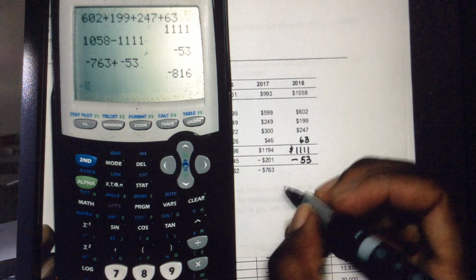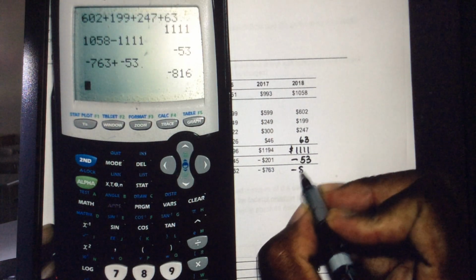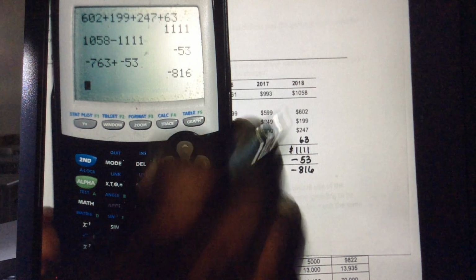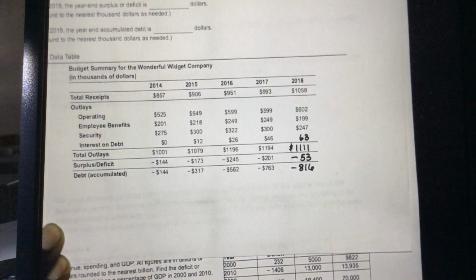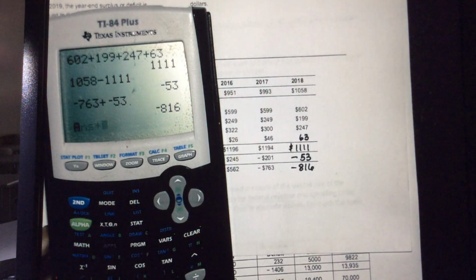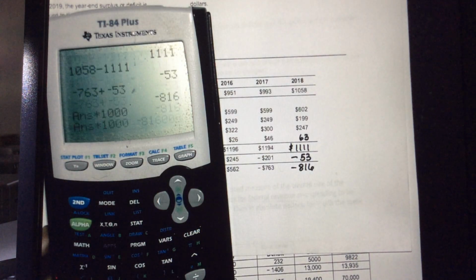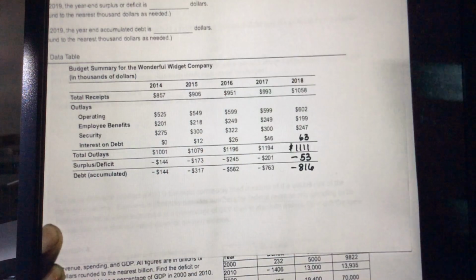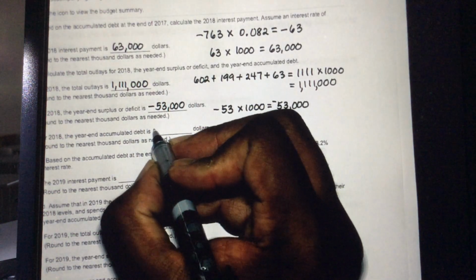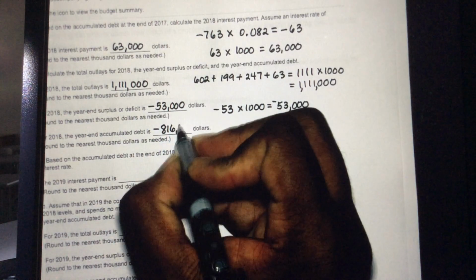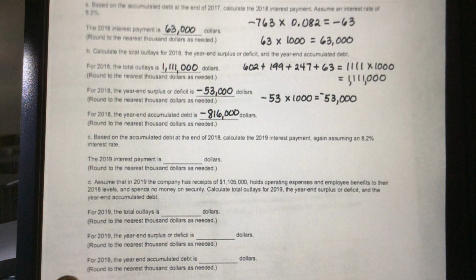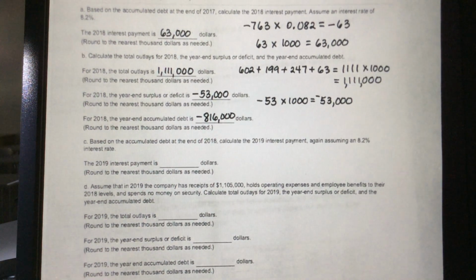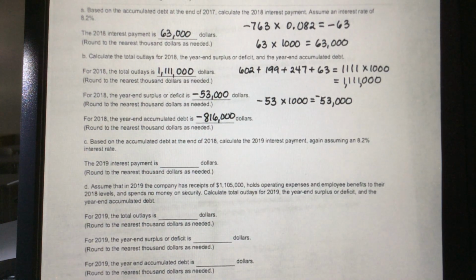This will be negative 816. And again, this is in thousands of dollars, so we need to multiply by 1,000. We'll get negative $816,000. So that represents the year-end accumulated debt for 2018.